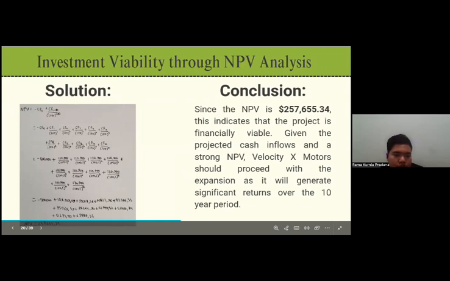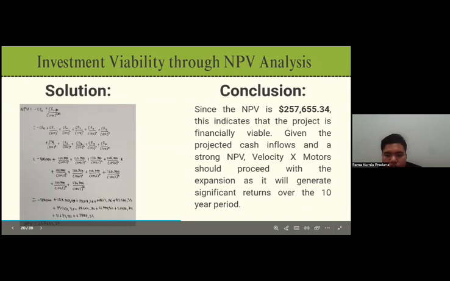So for the solution, we have minus CF0, which is minus $500,000, and we add CF1 through CF10. Then we get the final calculation, that is $257,655.34.